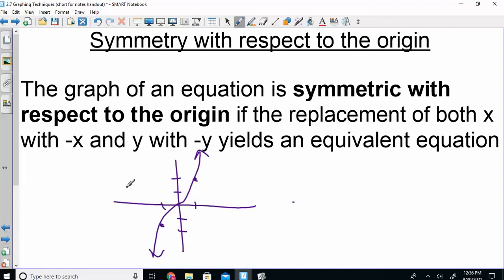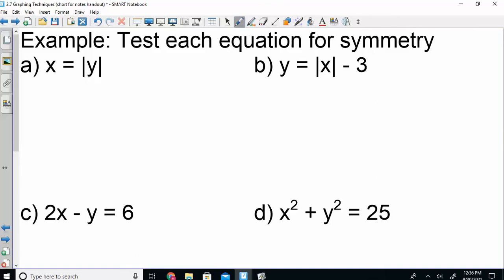In terms of how to decide if a function or an equation has symmetry, we have different options. If it's something we can graph, then we can look at that graph and tell. Sometimes it may not be easy to graph it, so we might need to use the equations.